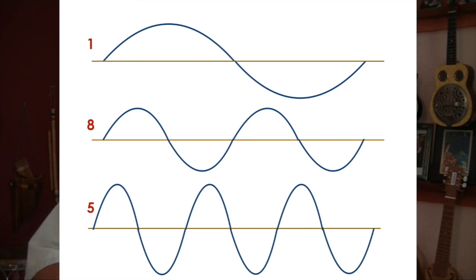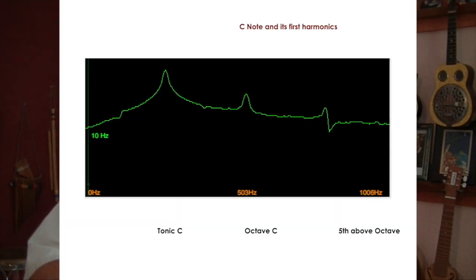And here's a representation of it. I took a program, put it on my computer, and I just played a C note all by itself, and it generated this chart. You notice there's 3 obvious high points. The highest one is the original tone, the C note. The second one is the octave, and the third one is the G note above the octave, the 5 above the octave.